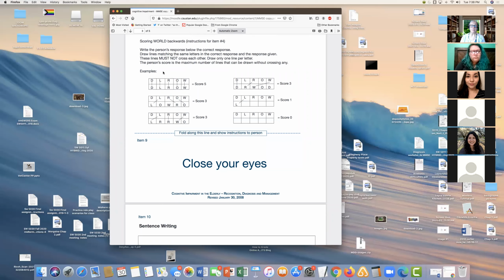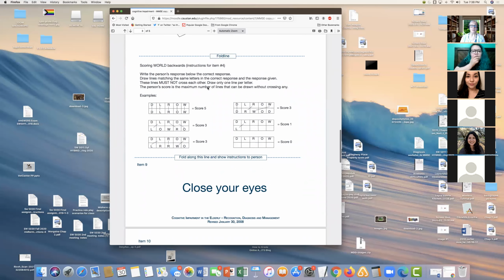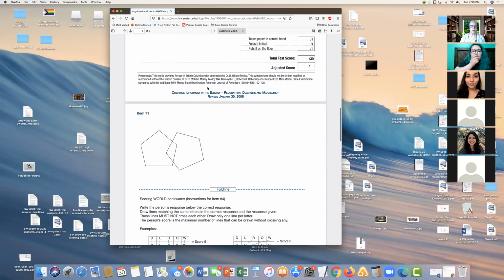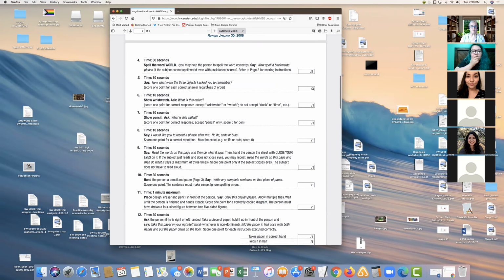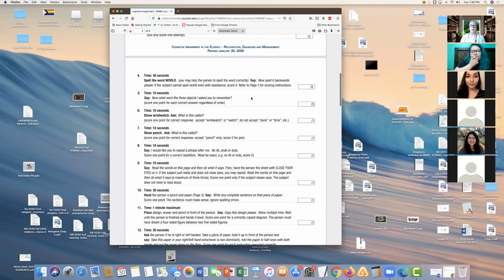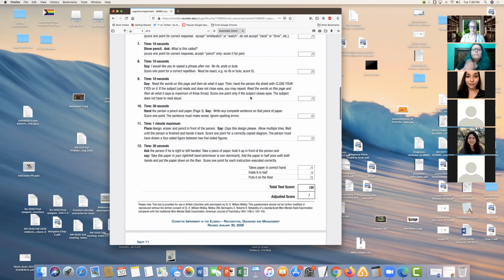So if they have the D in the right place and the W in the right place, and these are not in the right place, give them 1 point for the D and 1 point for the W. Okay, and same thing for spelling it forwards. We ask them to spell the word world. Now spell it backwards. You only score the backward spelling on this test.